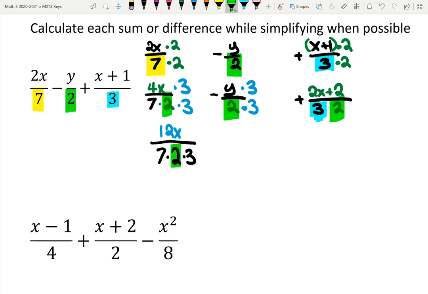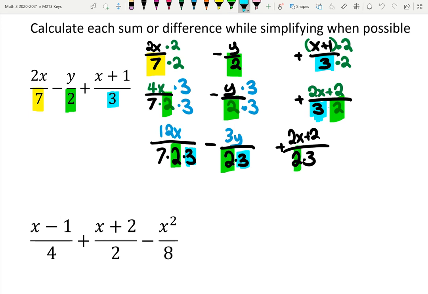I'm trying to show you that you can do this in steps. Minus 3y all over 2 times 3, plus 2x plus 2. And I'm just going to switch the order here. That's okay. 2 times 3 is the same as 3 times 2.